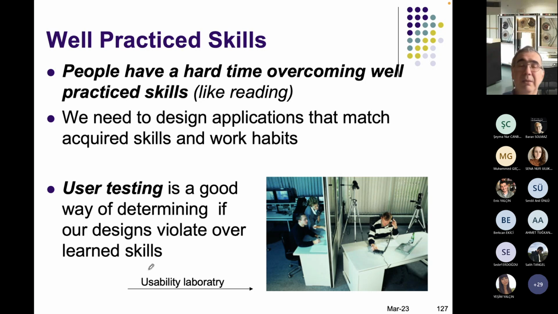So there is a user on the right testing, doing a given task, and experiment watchers are watching the user from the other room, and there is a window. The window is a one-way window: you cannot see from the user room to the observation room, but the observation room can easily see the other room. So the one-way window is famous for usability laboratories.